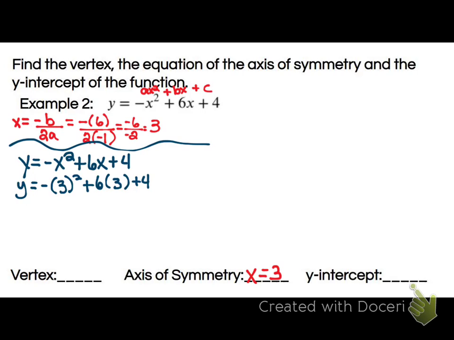Okay, so now we use PEMDAS to simplify it. So where do I start if I use PEMDAS, Jenna? Do I have any parentheses or group of numbers in parentheses? Nope, then what? Exponents. Now this negative is not part of this parenthesis, so do I put that in with it yet? No, I do my exponent first. So what's 3 squared? 9.